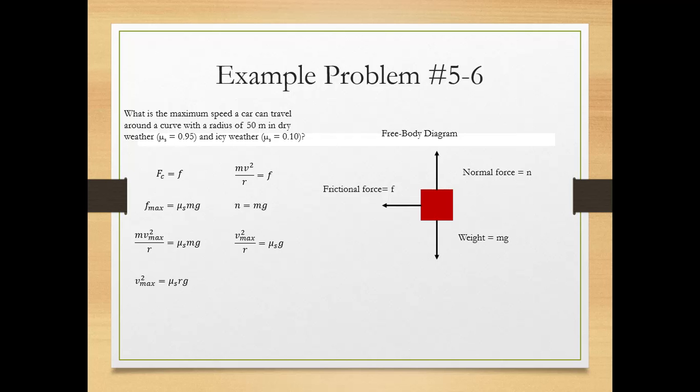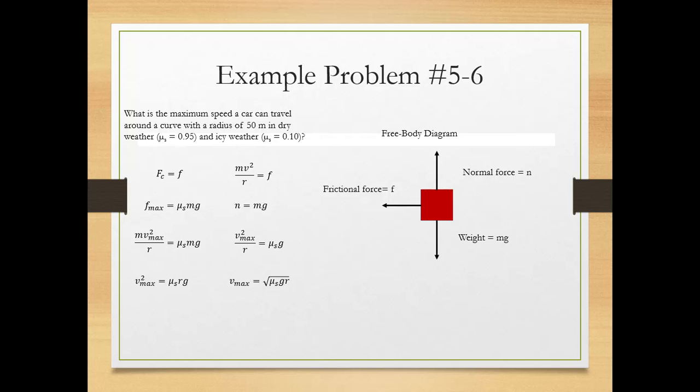I can multiply by r, and I have an equation which relates the speed you can travel around the curve to the coefficient of friction and the radius of the curve. So really only two things determine your maximum speed: how large the curve is and what the road conditions are, mu s. We can calculate that maximum speed as the square root of mu s g r.